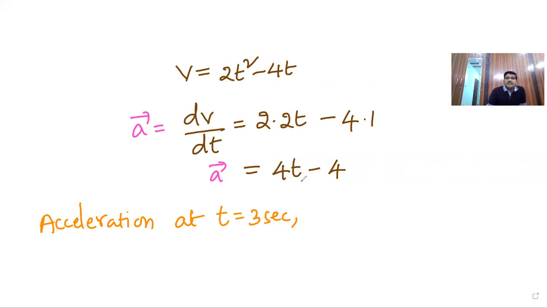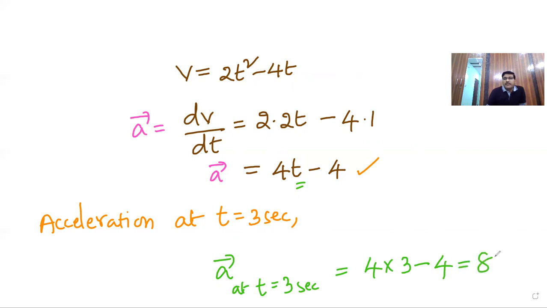Substitute t is equal to 3 in this expression. Then a at t is equal to 3 seconds becomes 4 into 3 minus 4, so 12 minus 4, 8 meter per second square. This is the answer.